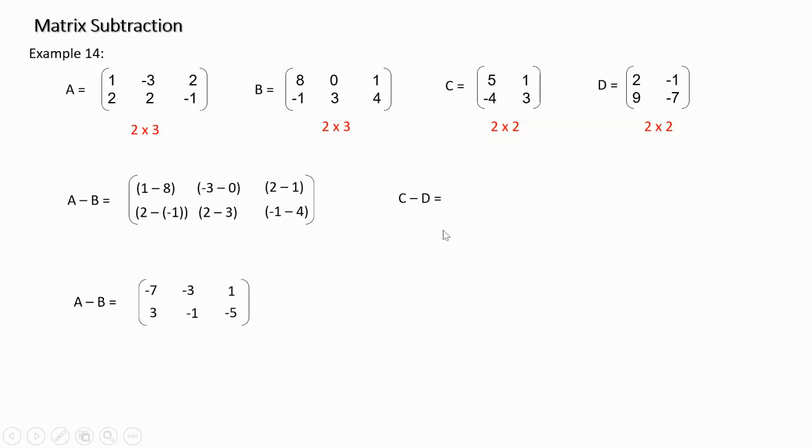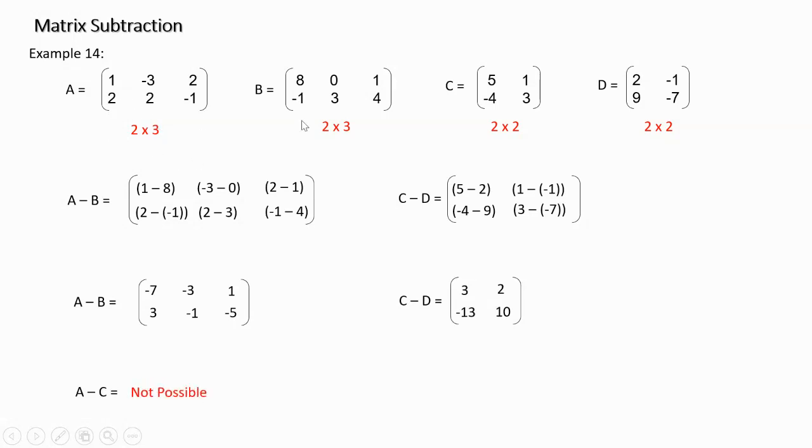That's my solution. How about C minus D? So it'll be 5 minus 2, 1 minus negative 1, negative 4 minus 9, 3 minus negative 7. So it's going to give us 3, 2, negative 13, and positive 10. That's my solution.